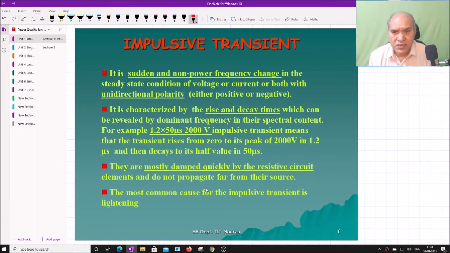Now if we see the impulsive transient, as I said, this is the transient which has higher magnitude for a small period of time. It can be defined as a sudden, non-power frequency change in the steady state condition of the voltage or current, or both, with unidirectional polarity, either positive or negative.